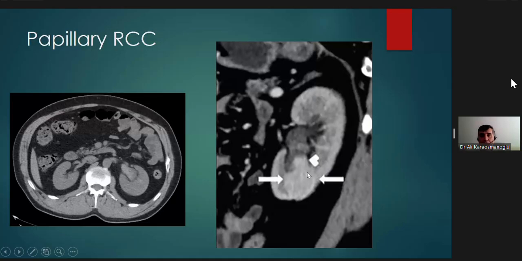On the post-contrast coronal image, you can see a relatively hyper-enhancing mass here, which extends into the papillary system, the kidney papilla. So what happened was there's a mass here which bled into the renal pelvis and presented to the clinic with hematuria.